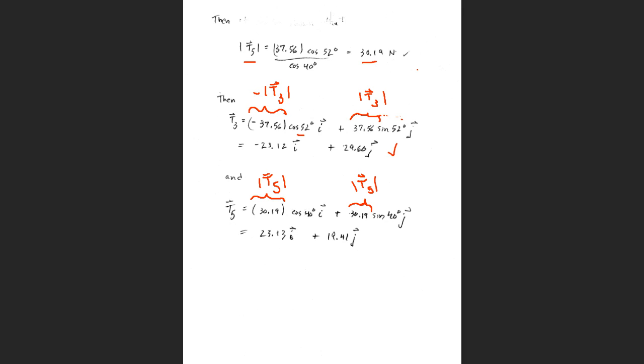And if you want the magnitude of the tension vectors, I'll put that in down here. The magnitude of the T3 tension vector would just be the square root of negative 23.12 squared plus 29.60 squared, right?